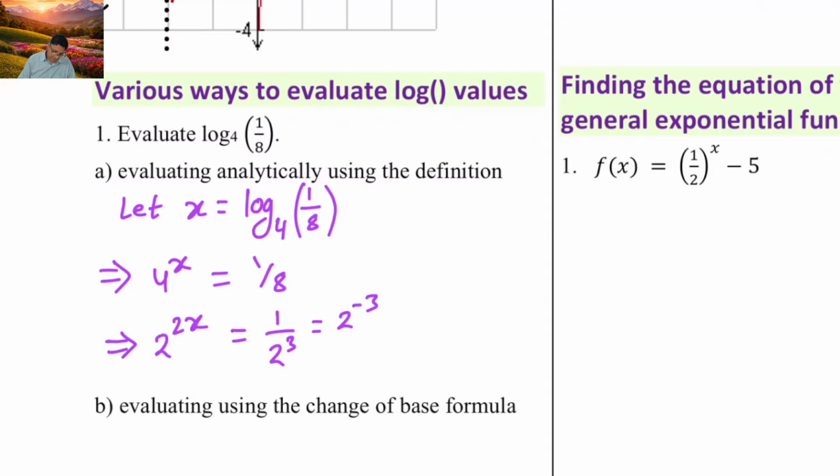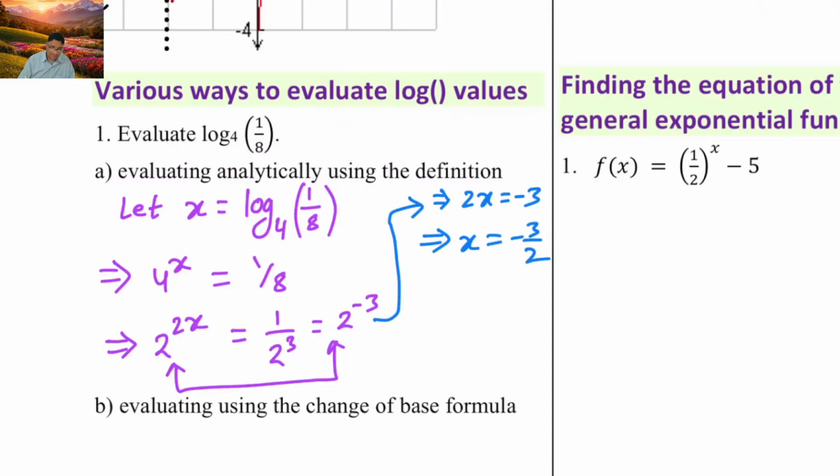Now you have two sides equal and their bases are the same, 2. So continuing here, that implies 2x should be equal to negative 3 by equating the exponents. Divide both sides by 2 and you get x equals negative 3 over 2. So this is the way, and that's what we are trying to evaluate.